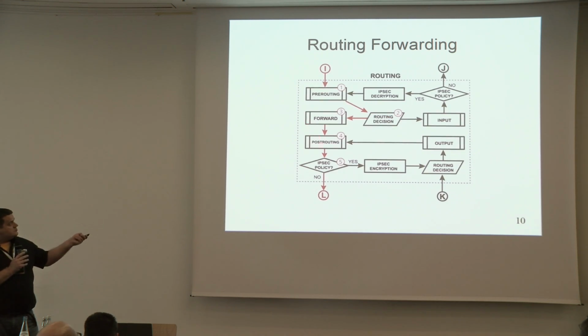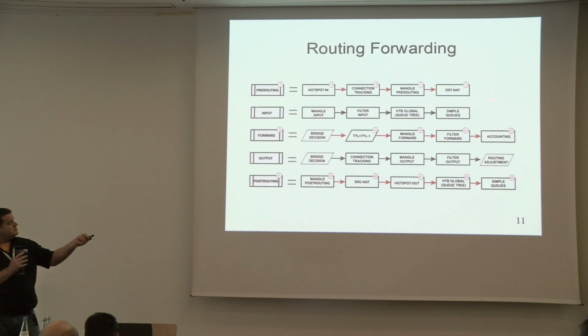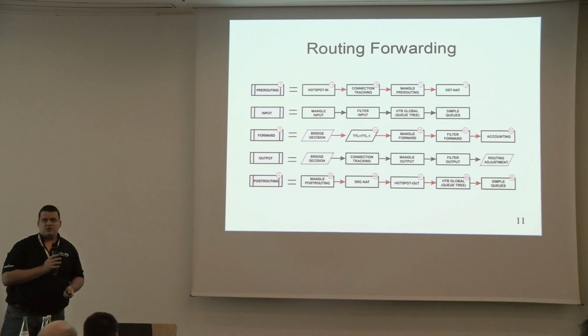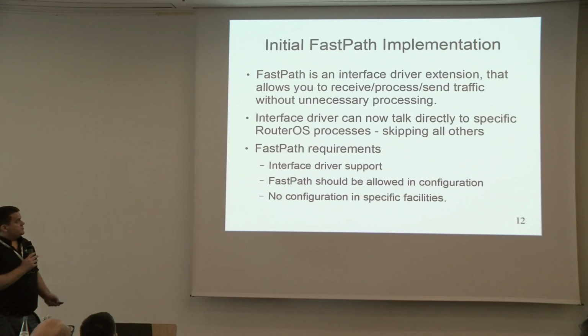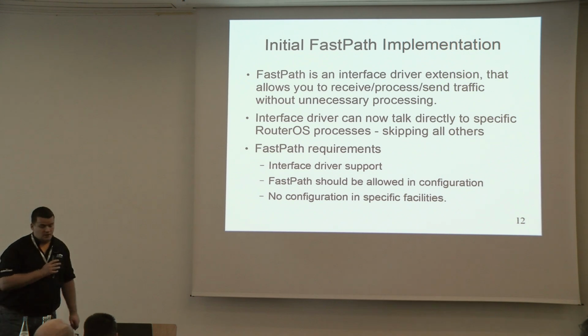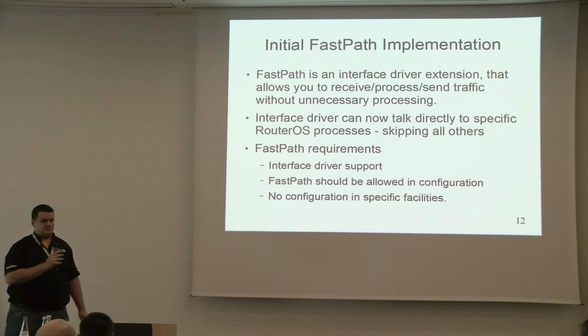In here it looks quite simple: pre-routing, routing decision, forward, post-routing. And if we zoom in, it's all these things in line over here that need to be checked for simple routing. So that's why we implemented FastPath.